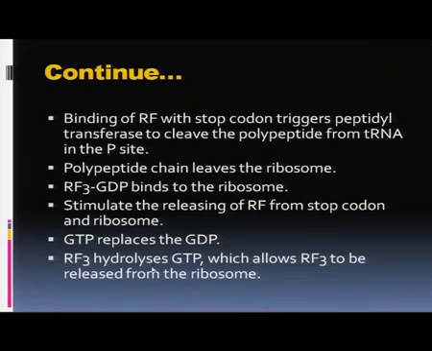Release factor 3 hydrolyzes GTP, which allows release factor 3 to be released from the ribosome. Release factor 3 hydrolyzes the GTP molecule, and hydrolysis of the GTP molecule will help release factor 3 get released from the ribosome.